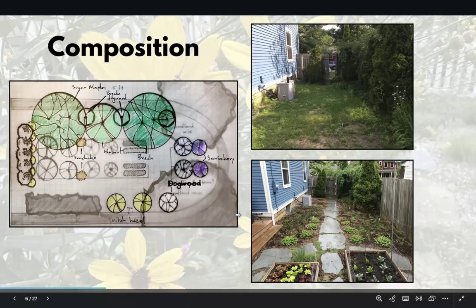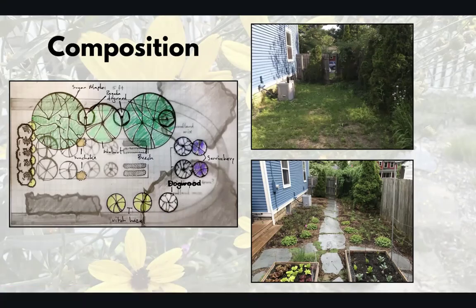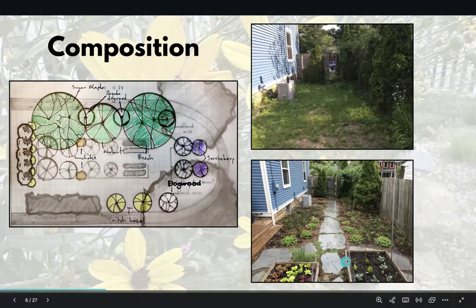So, regardless, a well-composed garden will feel intentional, whether it's completely formal and you have rows of hedges and everything's exactly in its place, or it's playful and you have flowing masses and drifts of plants. You can see this garden right here.